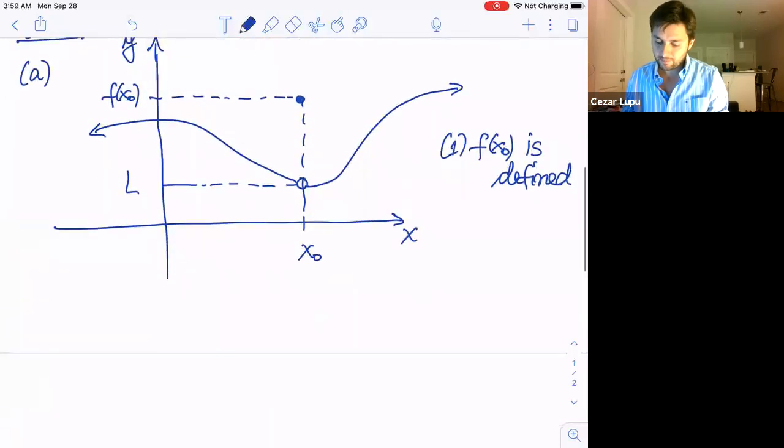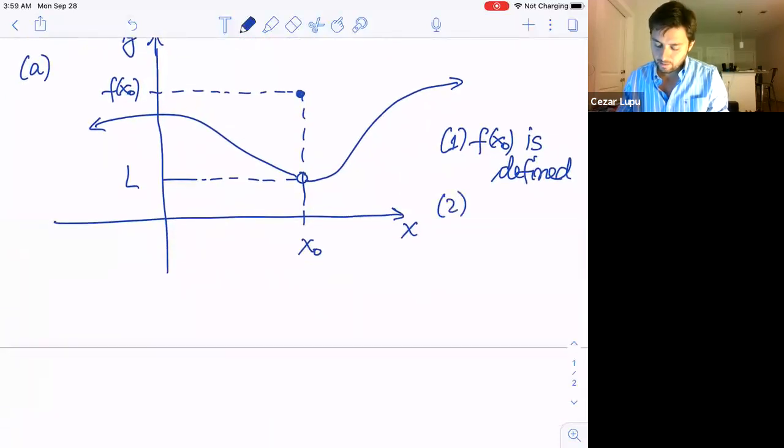All right, let's see the second one. I'm going to take the left-hand limit and the right-hand limit.